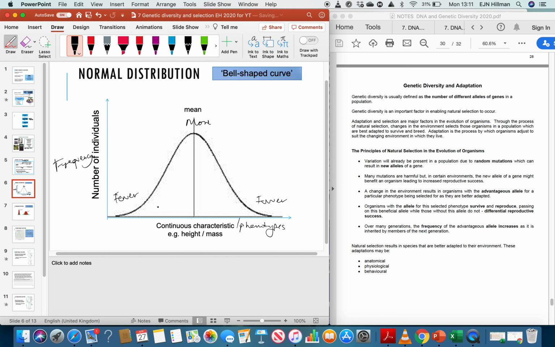So when we're measuring a population, it's possible to create this normal distribution. Now it's important to understand this when we want to look at natural selection and perhaps evolution, because this is one way that we can view the changes in a population.